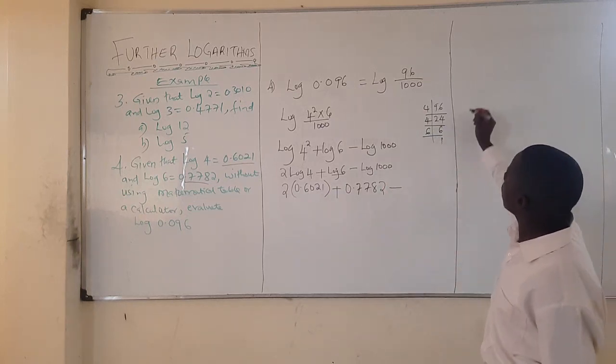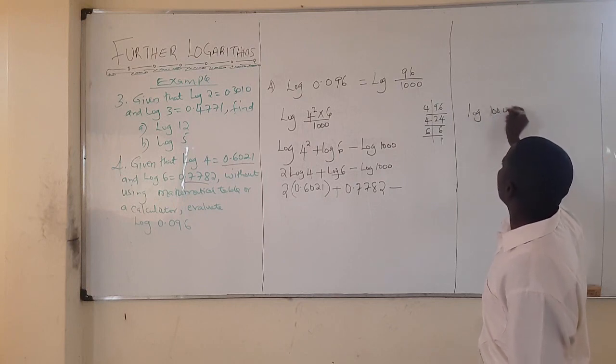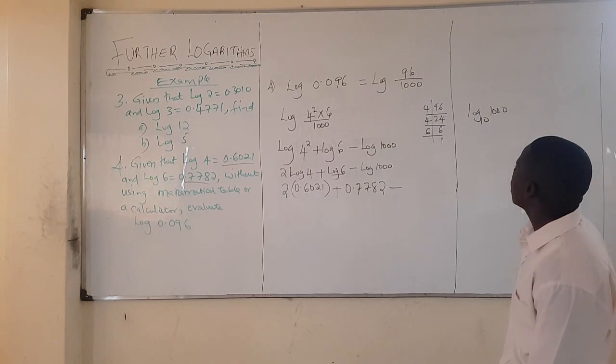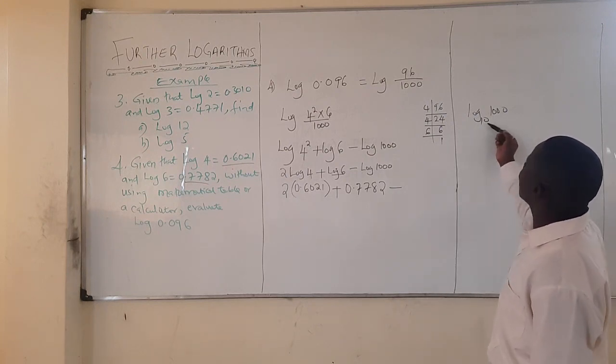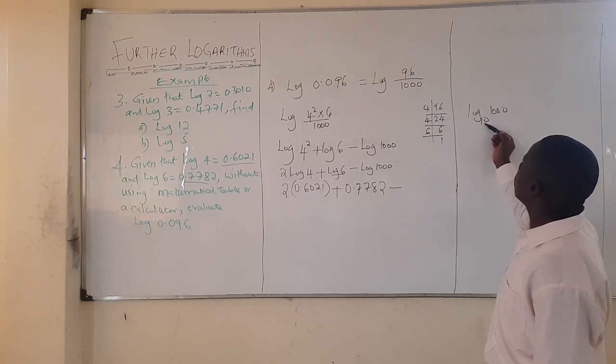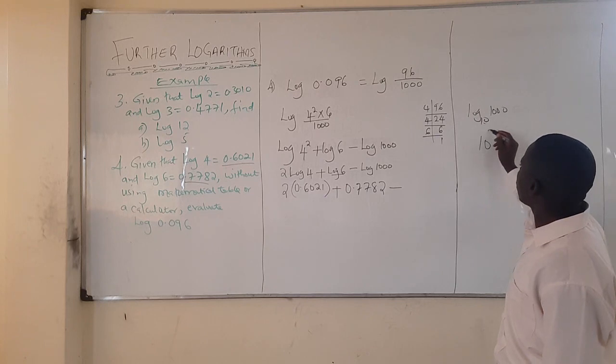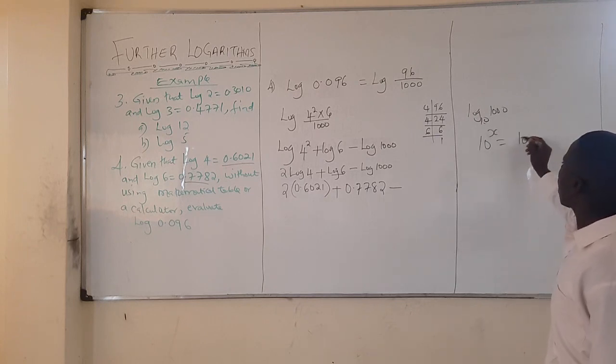So in other words, the log of 1000, the base is not given, it is 10. So in other words, what number do we raise to 10, what do we raise to 10 to give you 1000? So 10 to the power what gives you 1000?